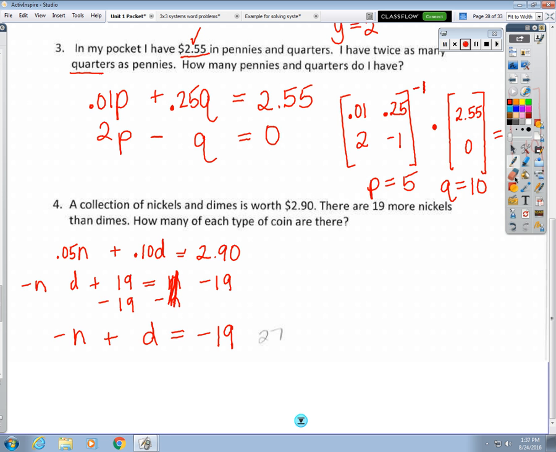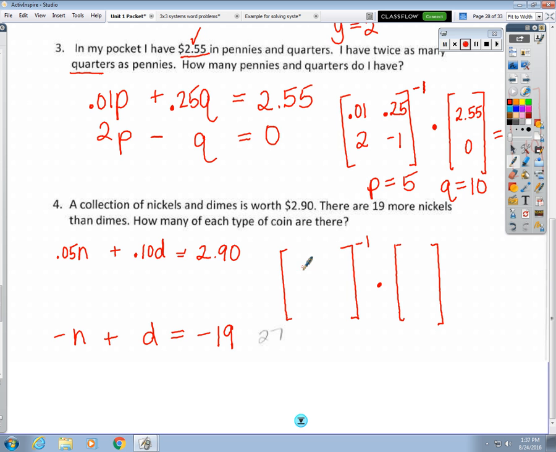So I'm going to erase all of this because I've rearranged it. The n is now negative because it had to switch sides. The 19 is now negative because it had to switch sides. And the d remains positive because it didn't have to go anywhere. Okay, now that everything lines up, we can create our matrix. Okay, so what elements go in this matrix?